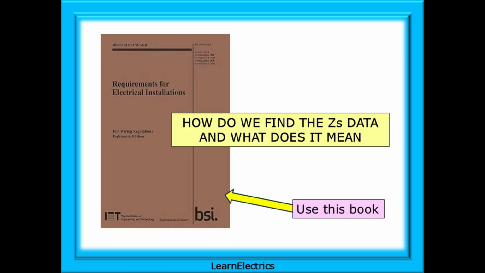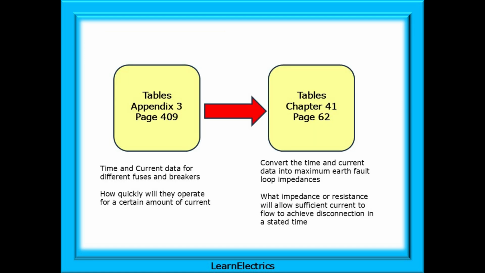Frequently asked, how do we find the Zs data, and what does it mean? Everything we do now is from the Wiring Regulations book, and the page numbers relate to those pages in the Brown Amendment 2 book. There are two sections of interest to us. The tables in Appendix 3, beginning on page 409, that contain time and current data for different fuses and circuit breakers. They tell us how quickly they will operate for a certain amount of fault current.